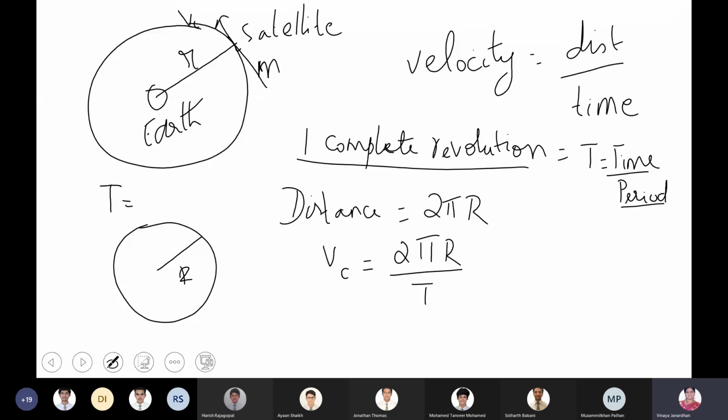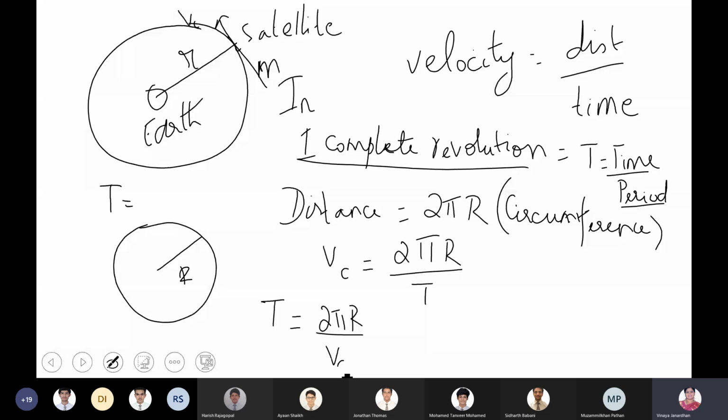In one complete revolution, time taken t is equal to the time period, and distance traveled will be equal to the circumference. So vc becomes equal to 2 pi r by capital T. Now, what you require is T equal to 2 pi r divided by vc.